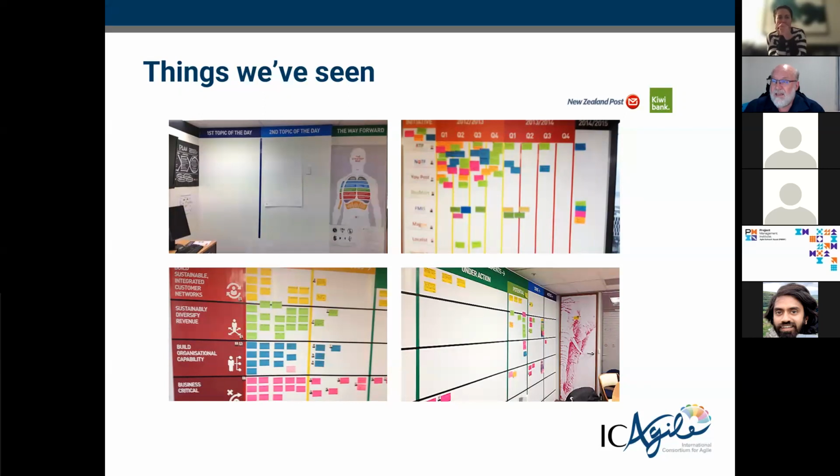Then another protocol: once a week the executive team would get together in this room, and they never had more than 2 topics. And that's what you see over there on the top left, those 2 topics, and that image of the body with the lungs and diaphragm.